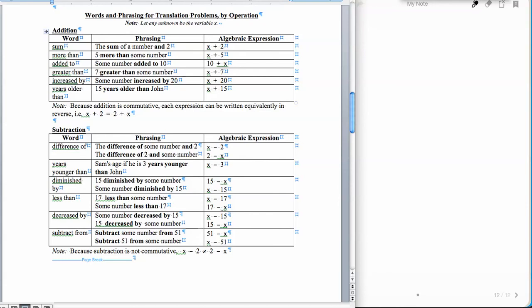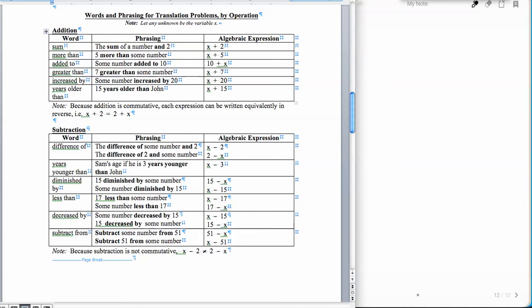Now 5 more than translates to addition as well, but there's no and in this one. Where the more than is, that's actually where we're going to put the addition symbol. More than, however, has this preposition in it, the word than, and than reverses the order of things. Prepositions, we've got to be really careful of. Those things can really screw up order on things, and again, we'll see that down in subtraction.